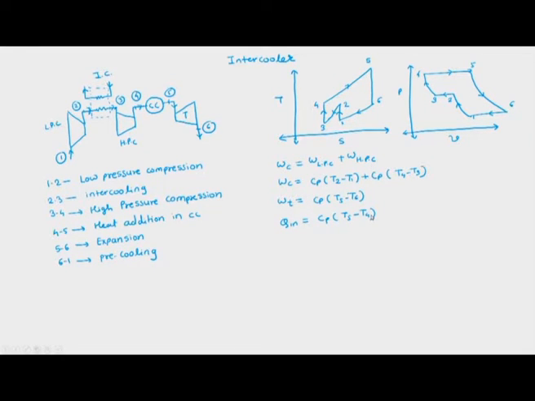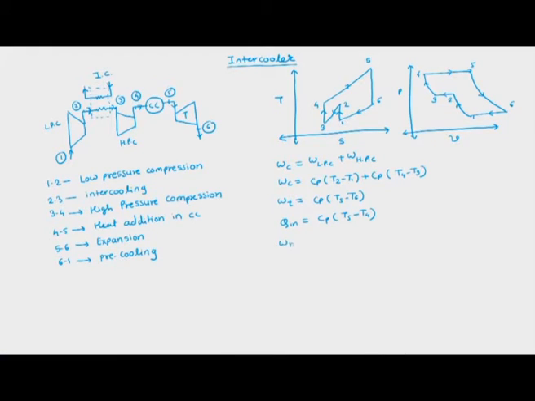So if we are told nothing about intercooler constraints and optimization, then we can go ahead and do the calculation. But the job of the intercooler, as I told, is to reduce the compression work. So we have to maximize the reduction.